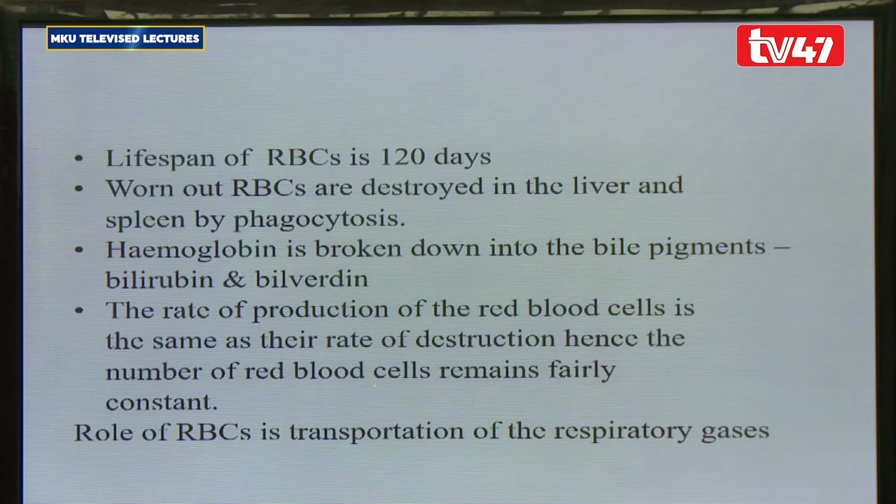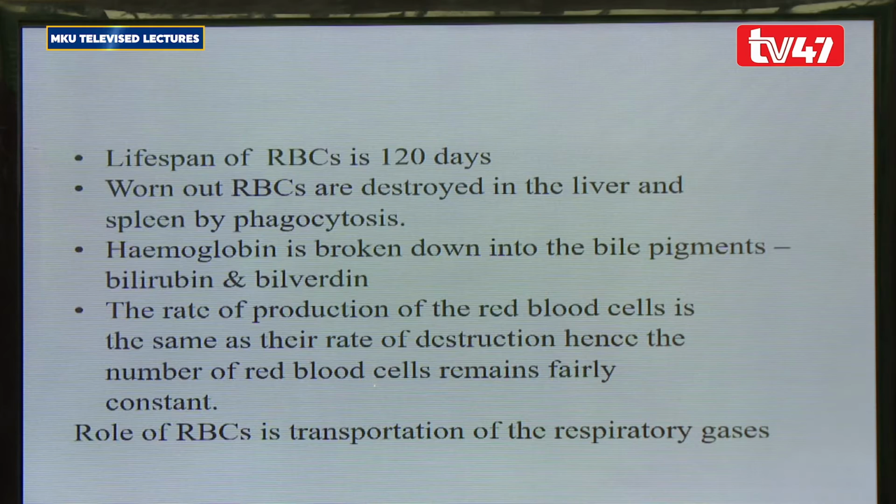When it is worn out, it is destroyed in the liver and in the spleen by cells there that we call macrophages, and the red blood cells are destroyed by the process of phagocytosis. So the red blood cells have a period of being formed, which we call erythropoiesis, and there is a time when they are worn out and destroyed by phagocytosis.